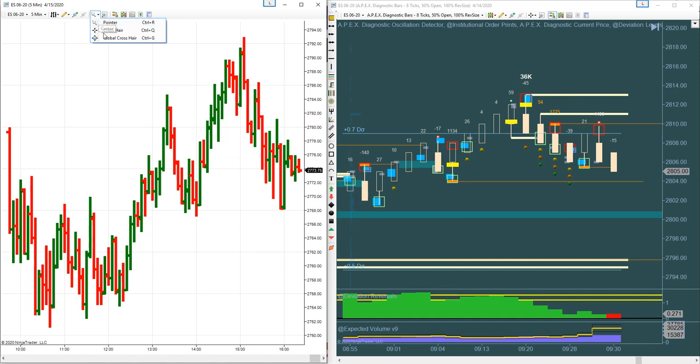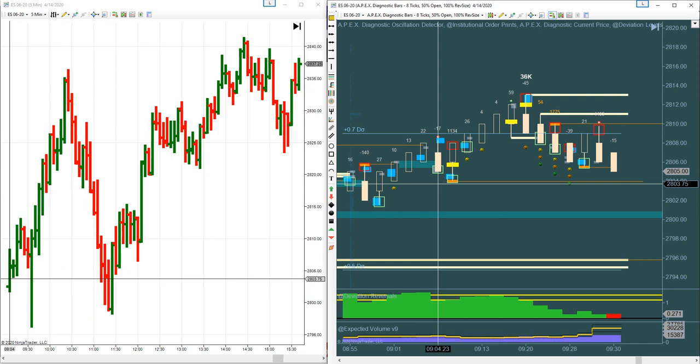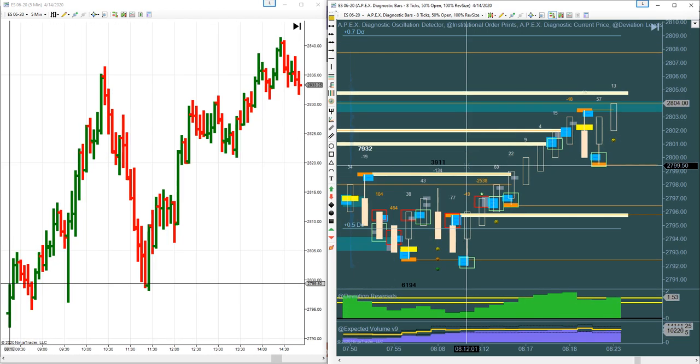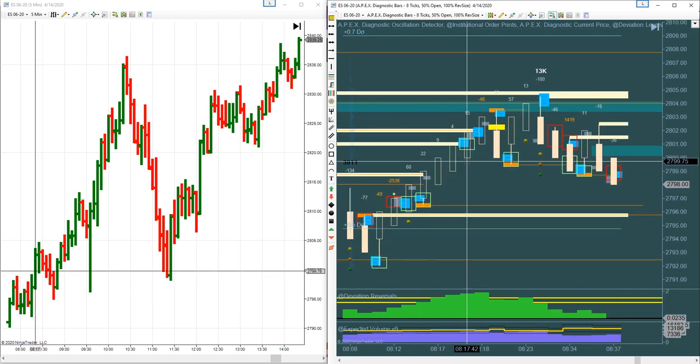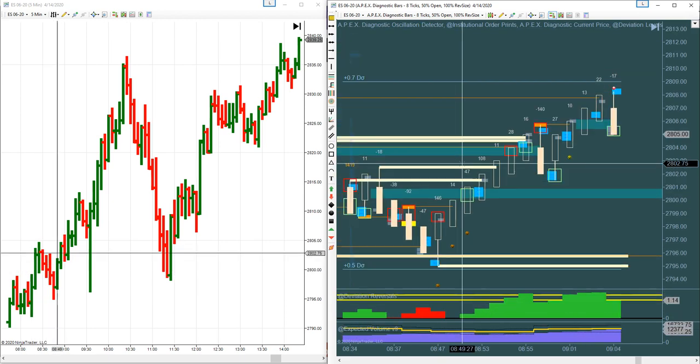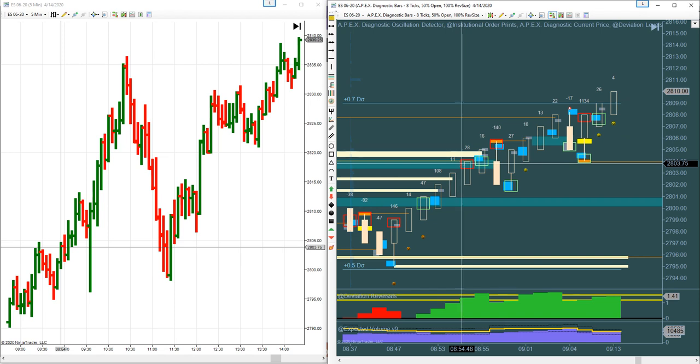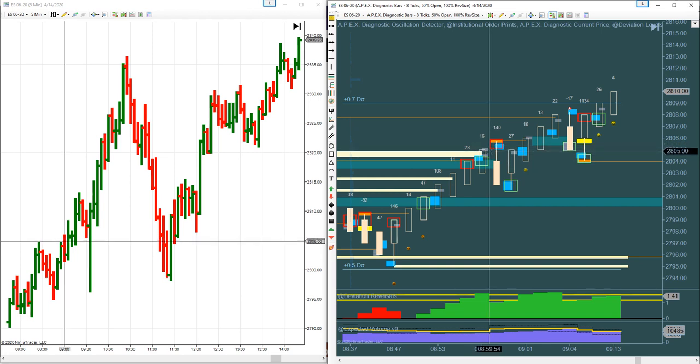Now I hate doing this. These global crosshairs, I despise them because they're a pain in the you-know-what. But let's just look. I was doing some trading and some review with someone yesterday morning about the morning session. So look at right where these crosshairs are, and let's focus to the left here on the 5-minute chart. Okay, if all you had was a blank 5-minute chart, do you see anything?